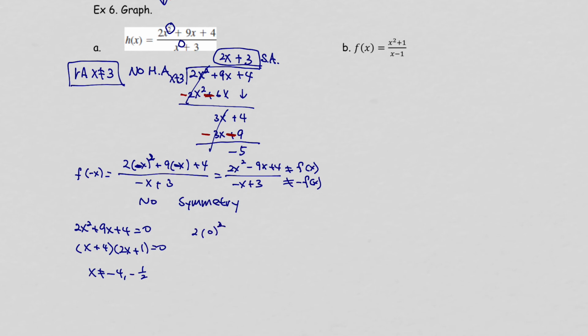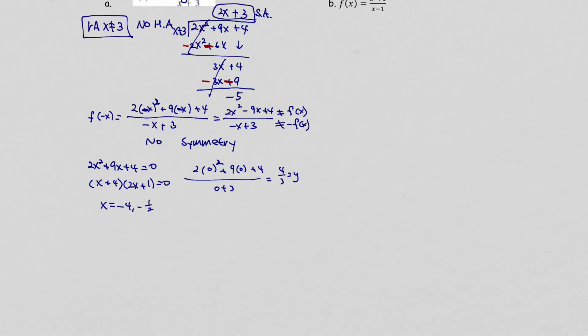That's 2 times 0 squared plus 9 times 0 plus 4, all over 0 plus 3. You will get 4 over 3. And that's the y-intercept. Oh, that's not equal. That's going to be x equals negative 3 because it's a vertical asymptote, right?